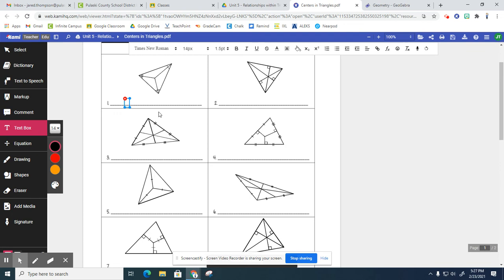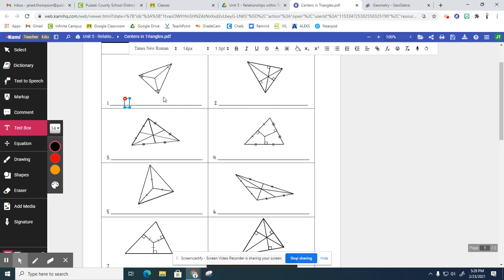Let's start here with the first one. I'm going to investigate this triangle. Notice that from the middle as you travel to the angles, you see those little arches: one little arc here, two here, three here.